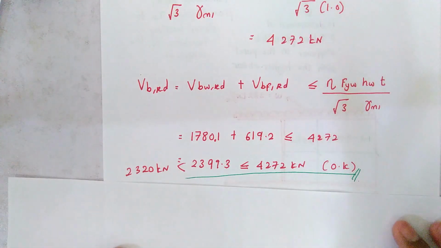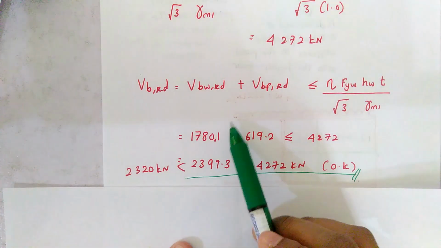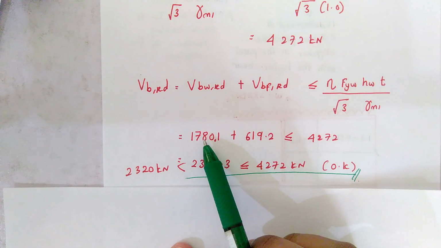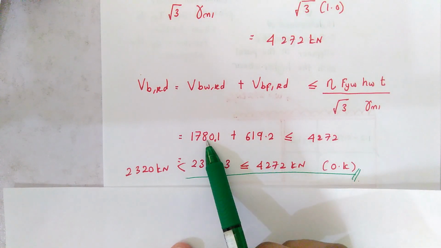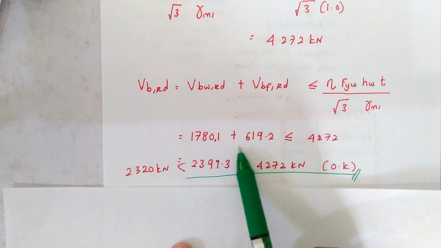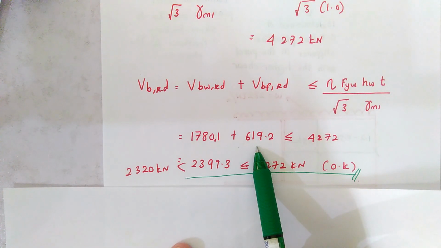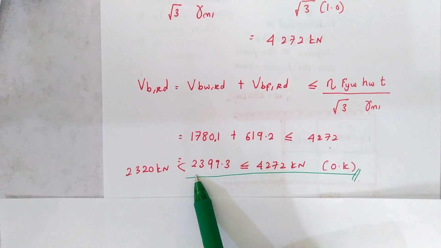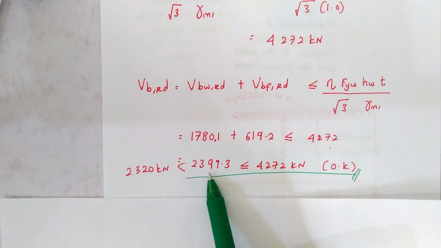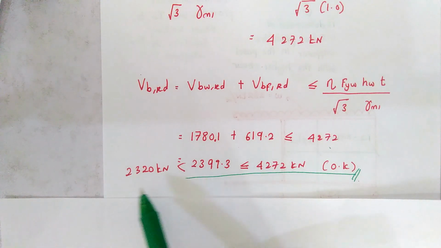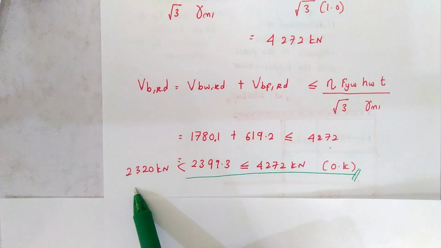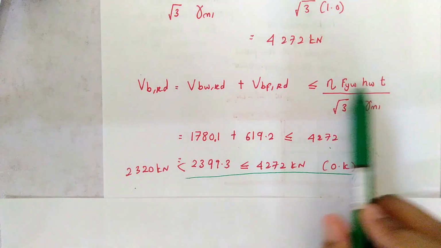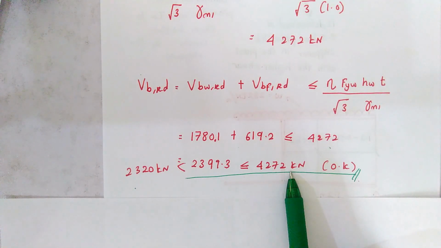Once you get the 4272 kilonewtons, you can now substitute all the forces that you already calculated, whereby 1780.1 plus 619.2 is lesser than 4272. So you finally found out that 2399.3 is larger than 2320 kilonewton, but lesser than the allowable shear buckling resistance.